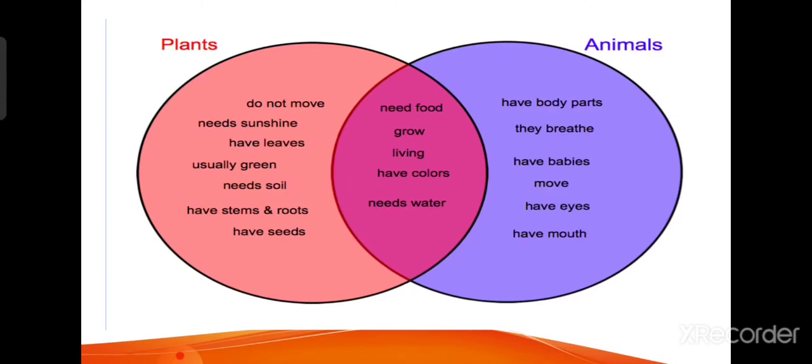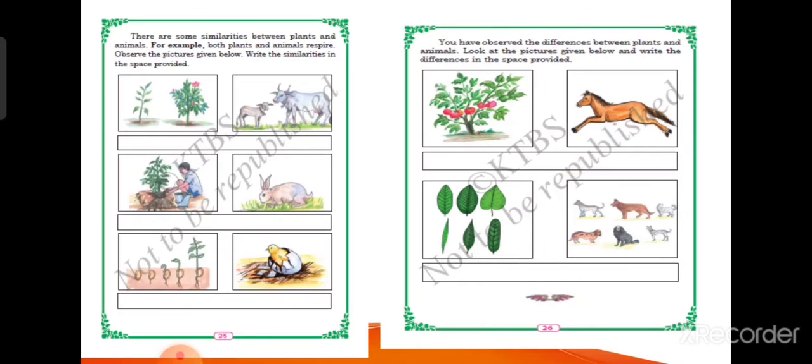Both are living things, and they have colors and they need water. So finally, see, look at these examples and do these exercises. Okay, there are some similarities between plants and animals. For example, both plants and animals respire, breathe. So observe this picture given below and write the similarities in the space provided.